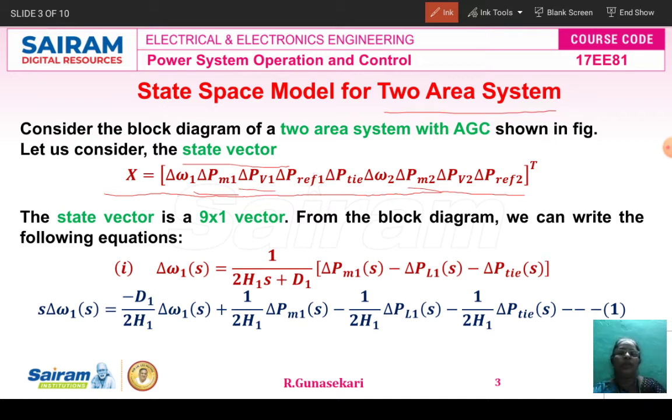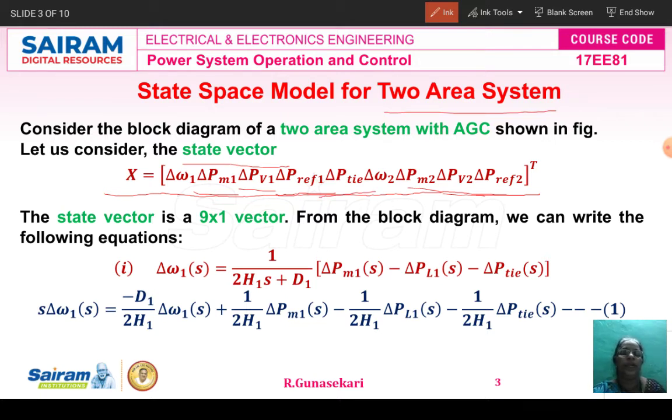And del Pv1 and del Pv2 are nothing but the valve power, that is the turbine input power but the governor output, for area 1 and area 2 respectively. Similarly del P reference 1 and del P reference 2 are the change in reference setting of the speed changer of area 1 and area 2 respectively.